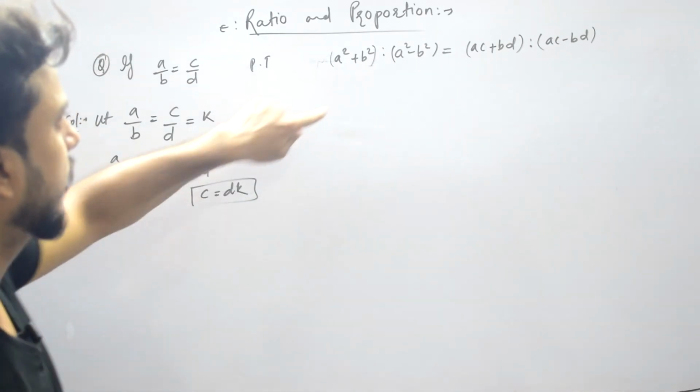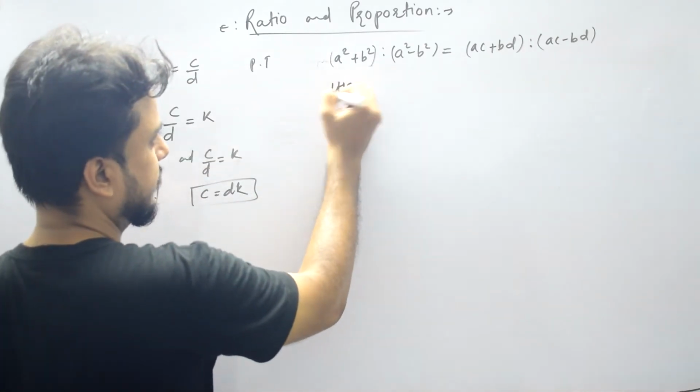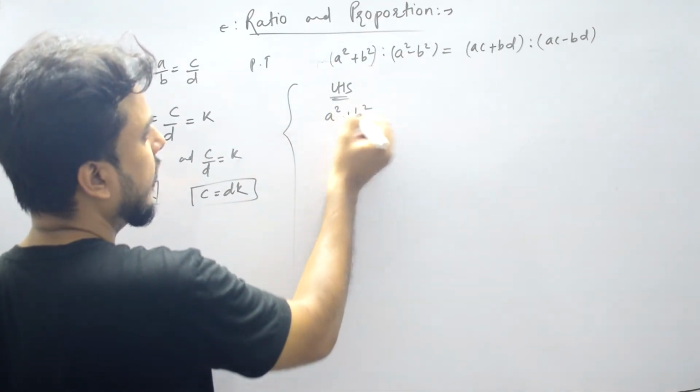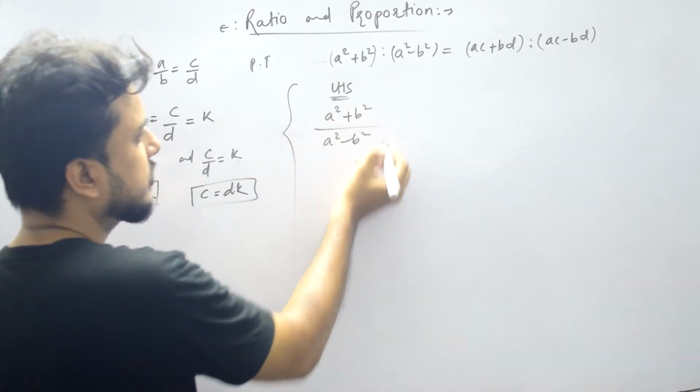Now we will write LHS. In LHS we have (a² + b²)/(a² - b²).